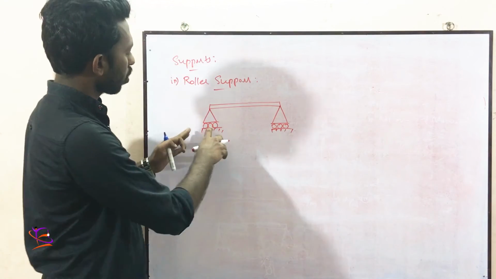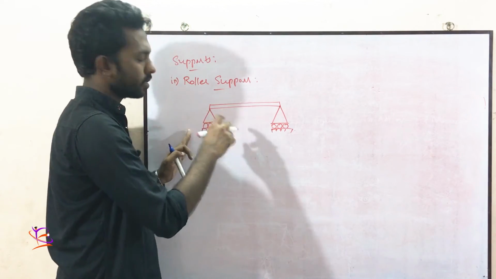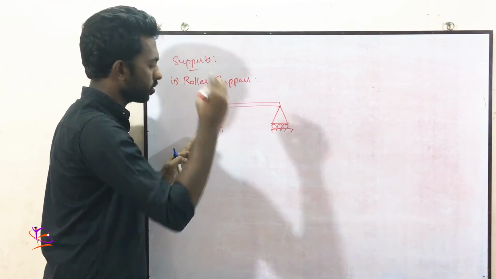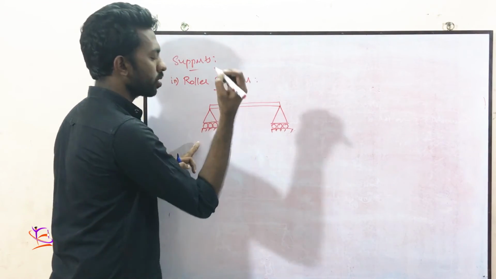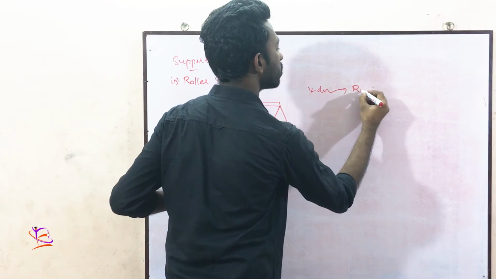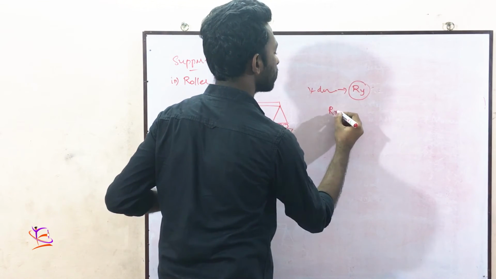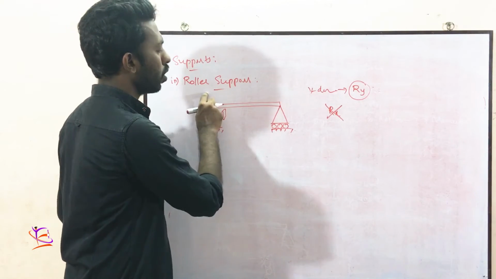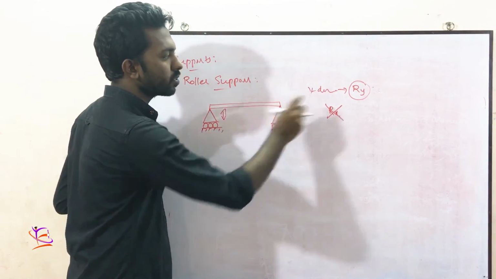Here the roller is there. We can say that the x direction is not arrested, so only the y direction is arrested. The movement along the y direction is arrested. So reaction towards y will be there, reaction towards x will not be there.